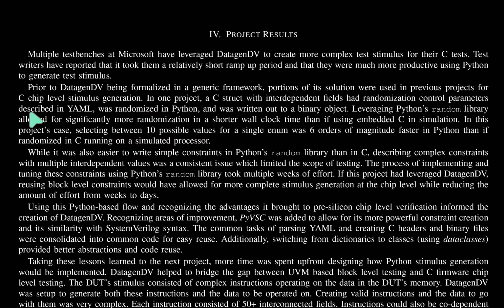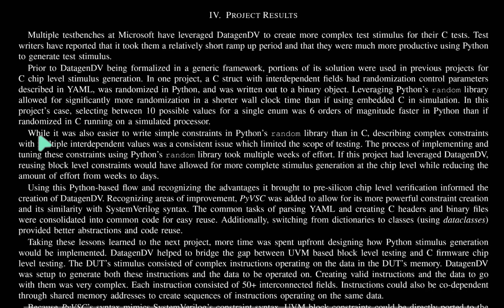Leveraging Python's random library allowed for significantly more randomization in shorter wall clock time than if using embedded C in a simulation. In this project, selecting between 10 possible values for a single enum was 6 orders of magnitude faster in Python than if randomized in C running on a simulated processor.